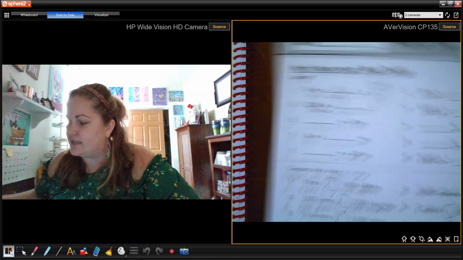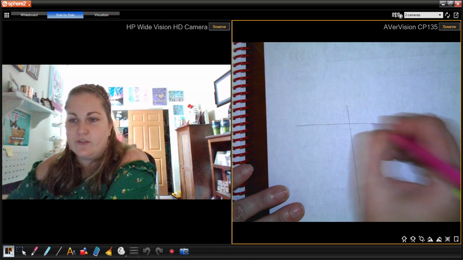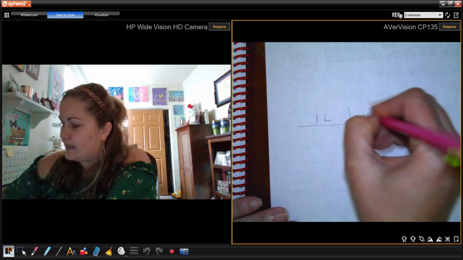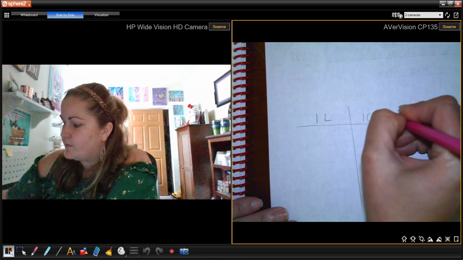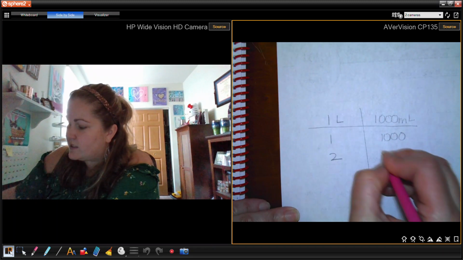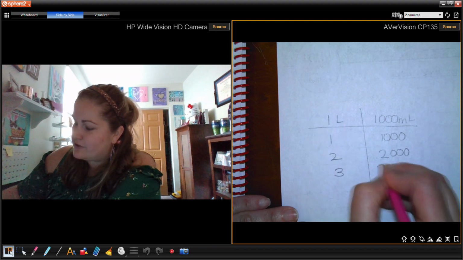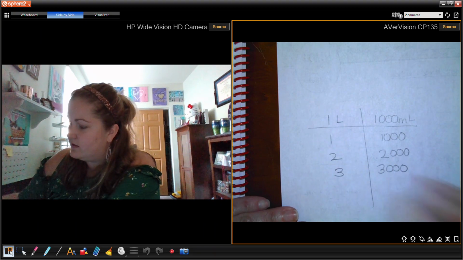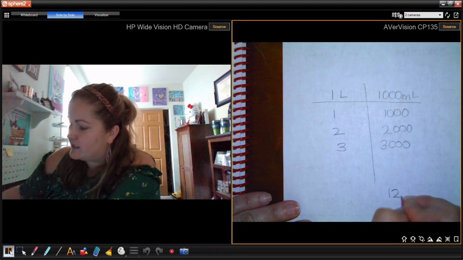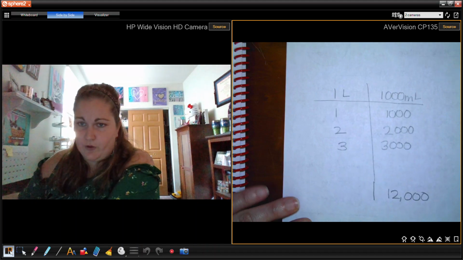If I needed to make myself a quick little table to help myself think about it, I could. For every 1 liter, I get 1,000 milliliters. 1 is 1,000. 2 is 2,000, and it keeps building. 3 liters is 3,000.